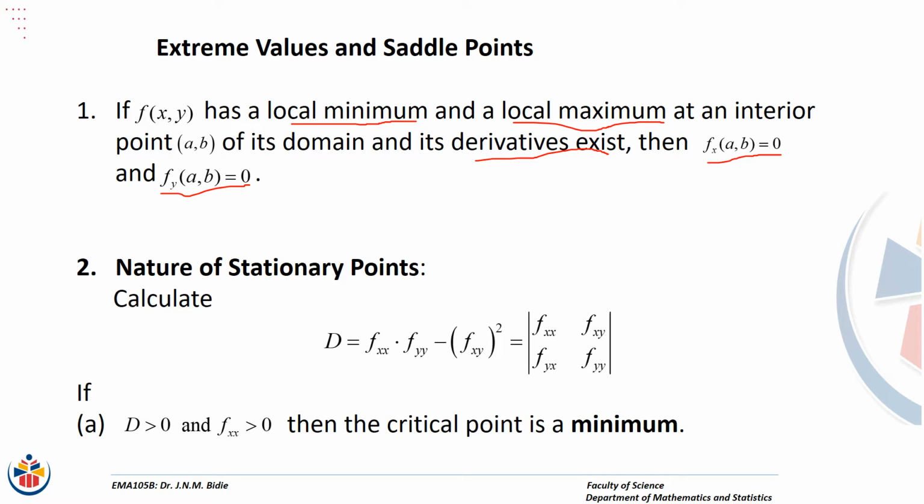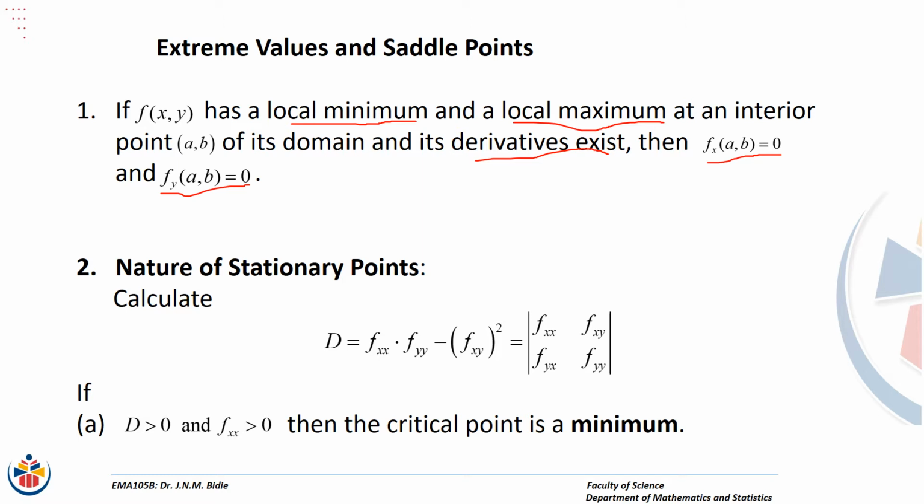How do we determine whether a particular stationary point, now that you know it's either a local minimum or local maximum, is a critical point which is a minimum, a critical point which is a maximum, a saddle point, or whether that particular point does not give you any conclusive result?